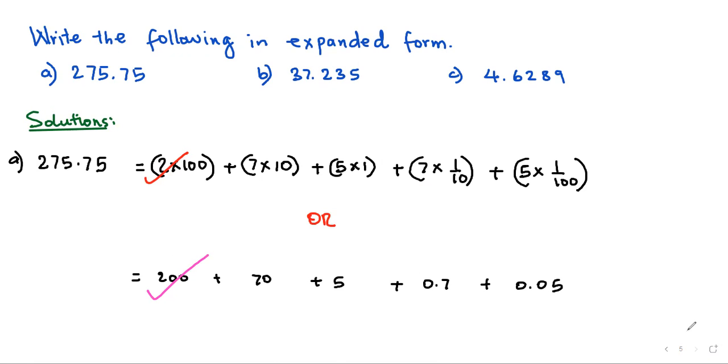Okay, so let's look at part B. For part B, remember we have got 37.235. Okay, so in expanded form using method number 1, let's go. 3 times 10.